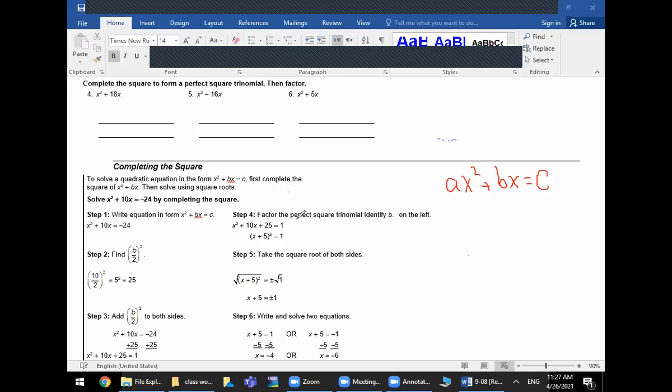Okay, so we have here an equation: x to the power of 2 plus 10x equals negative 24.